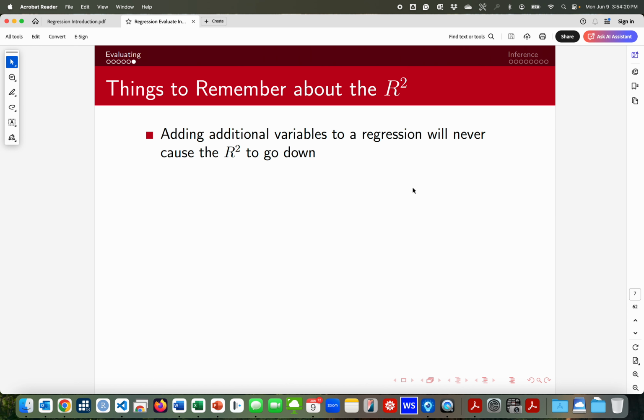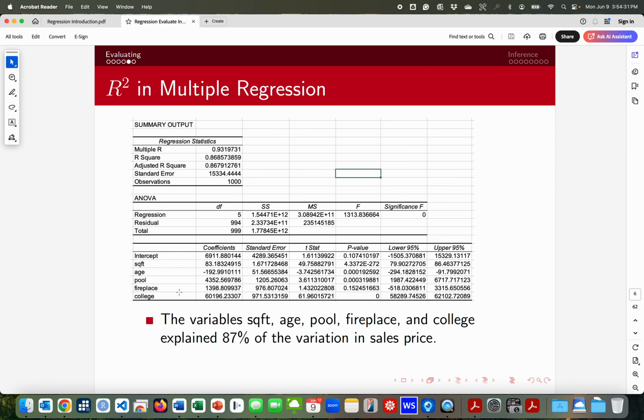A couple things to remember about the R square. Adding an additional variable will never cause the R square to go down. If you add another variable to the regression, so let's say in this one we add another variable for the size of the lot, the R square cannot fall below this 87%.